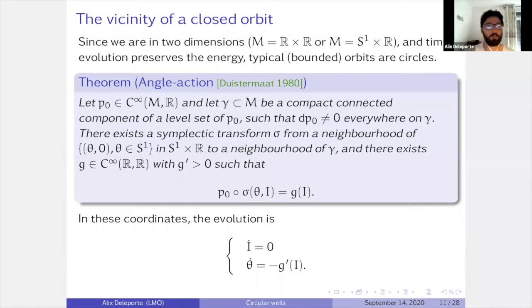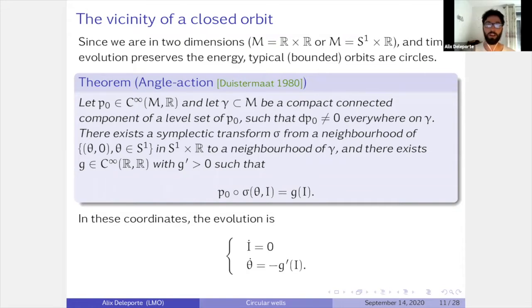And the angle action theorem, or the simplest angle action theorem, for which I quote Duistermaat. Duistermaat did not come up with this theorem. It was known long before him, but this is a nice proof.